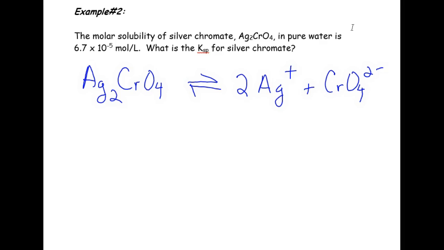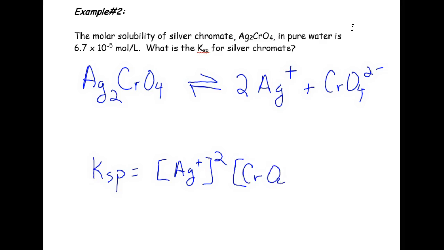And so now I'm ready to write out my Ksp expression. So Ksp is going to be equal to my concentration of Ag plus squared times the concentration of CrO4 2-. And you may be thinking, well, why has she not included the Ag2CrO4, the silver chromate, in there?